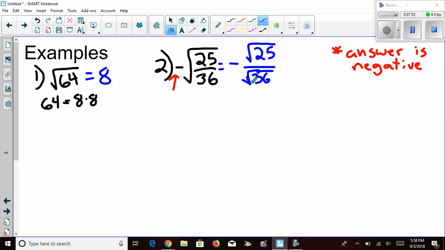And you don't need to write these notes out every time, but I'm going to go off to the side and ask myself, well, 25, I know that is 5 times 5. And 36, I know that is 6 times 6. So my answer is negative 5 over 6.